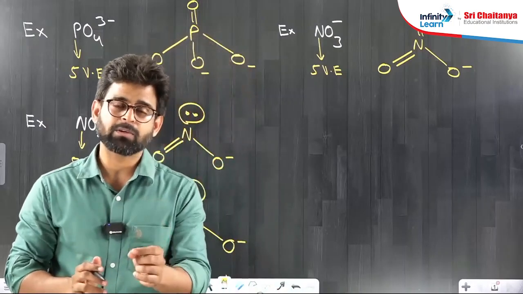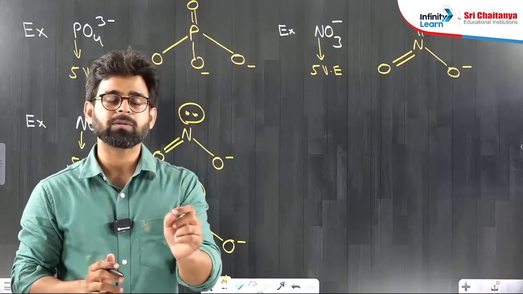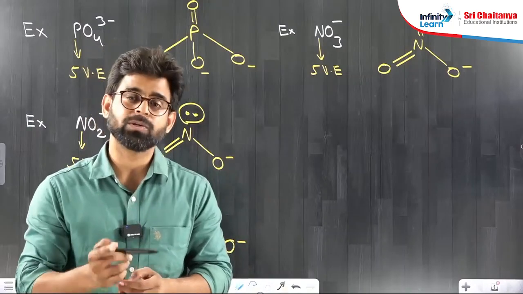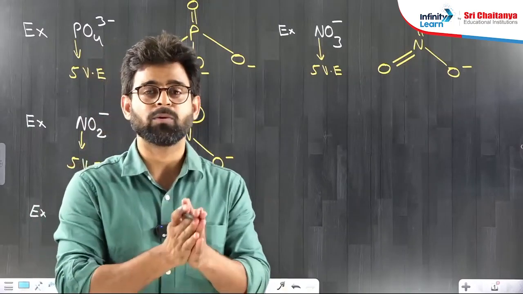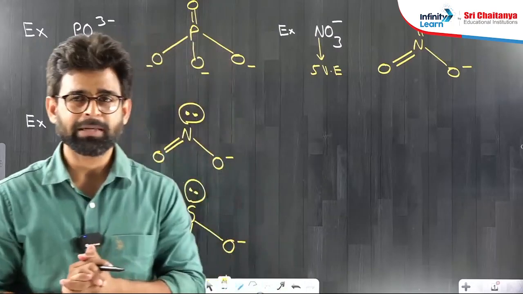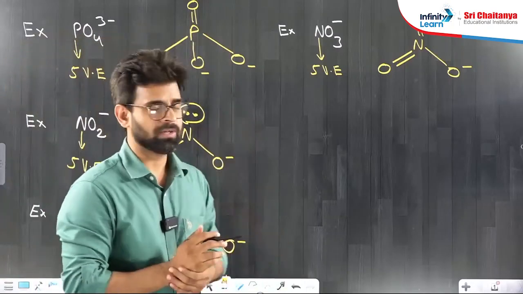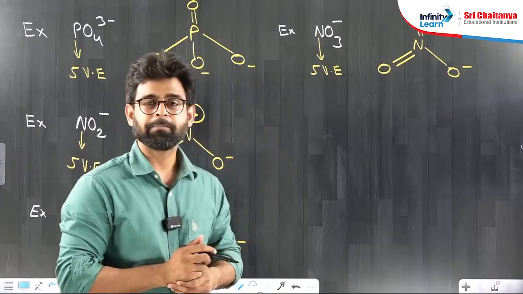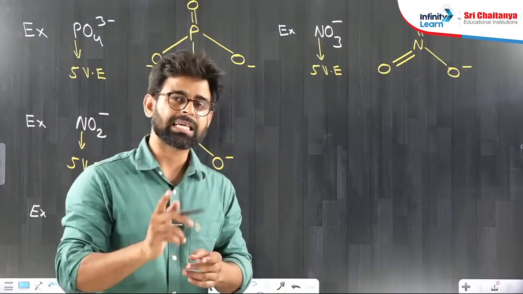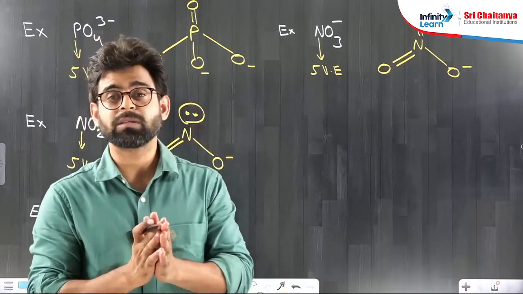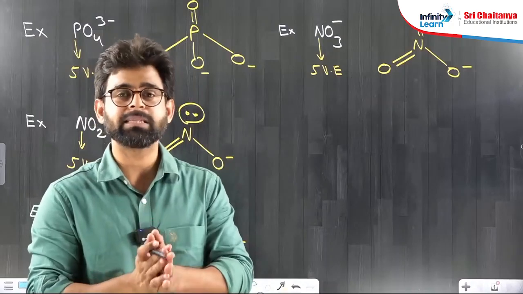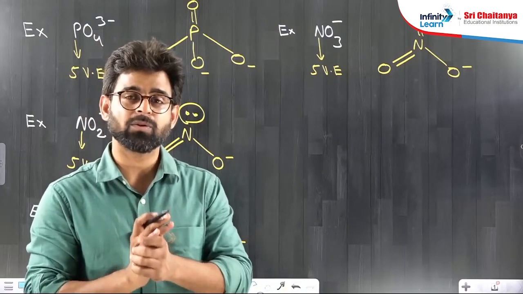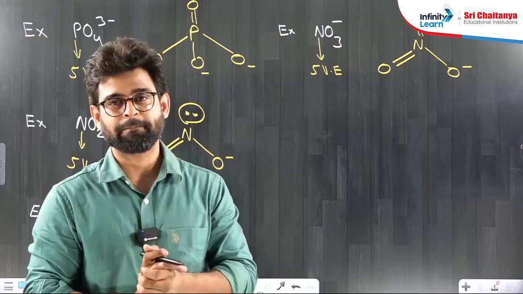In point number 2, I told you which elements cannot make more than 4 bonds. And in point 3, I told you which elements can make even more than 4 bonds. So in this case, if you check carefully, you see nitrogen is making here 5 bonds. I told you very clearly second period elements cannot make more than 4 bonds. That means we are doing some mistake. Nitrogen is making 5 bonds. It is wrong. It is not possible.